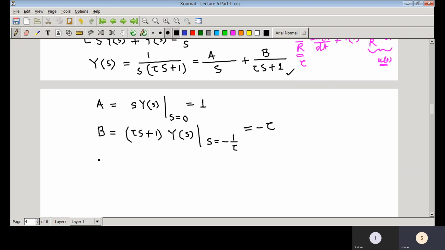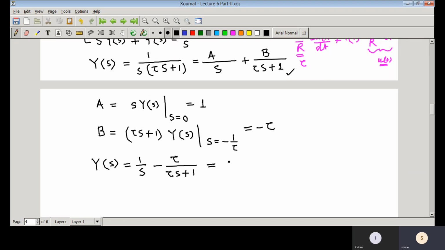So then Y(s) equal to 1 by s, just I am replacing those coefficients, into tau by tau s plus 1.